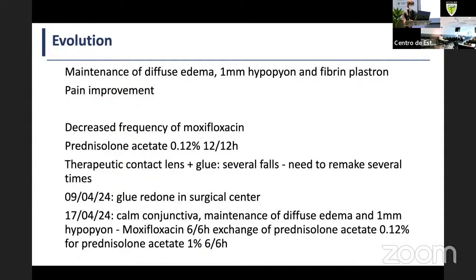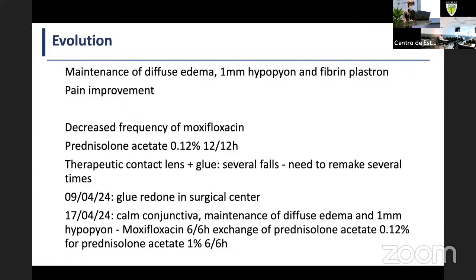And in April 2017, we had a calm conjunctiva, the maintenance of diffuse edema, the hypopyon, and we changed the moxifloxacin to every 6 hours, and the prednisolone acetate we changed as well.